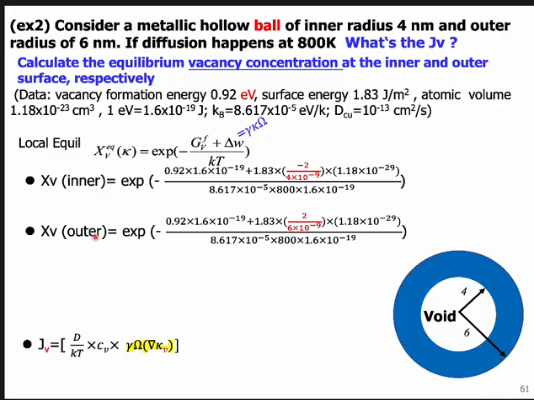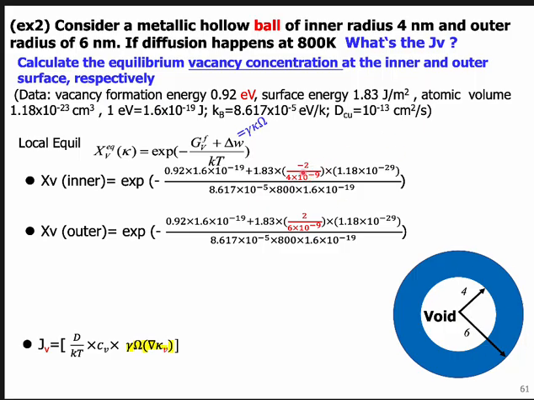So for the inner and outer, for the inner, I just fill in all the information here. The vacancy formation energy is 0.92, but that is in eV, so we need to multiply by the eV conversion to convert this to joules. We also add the gamma. Gamma is the surface energy, in joules, doesn't matter. And kappa equals kappa 1 plus kappa 2. And this is a ball, right?